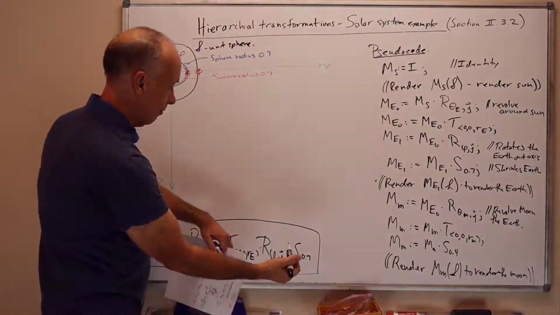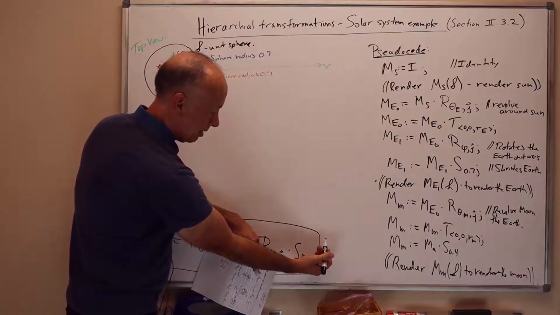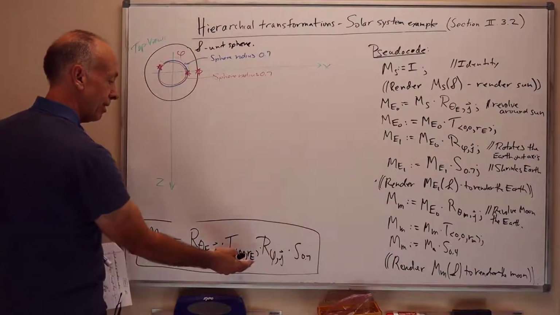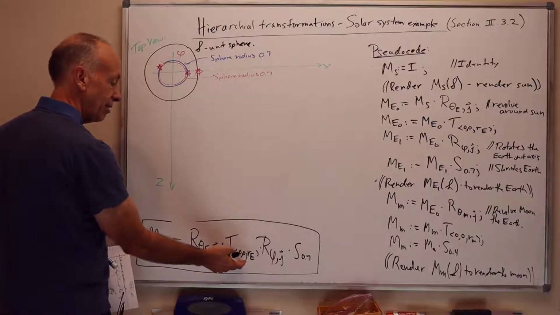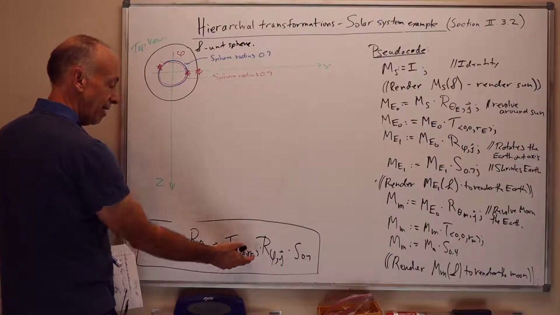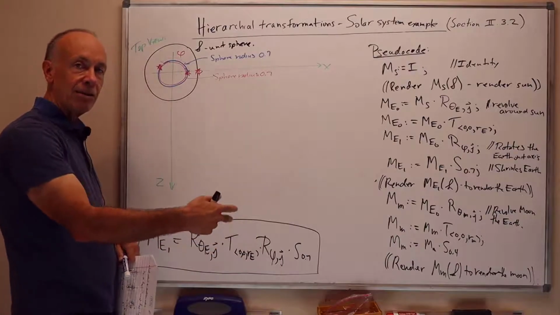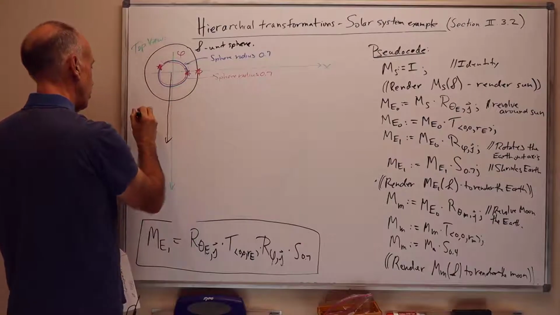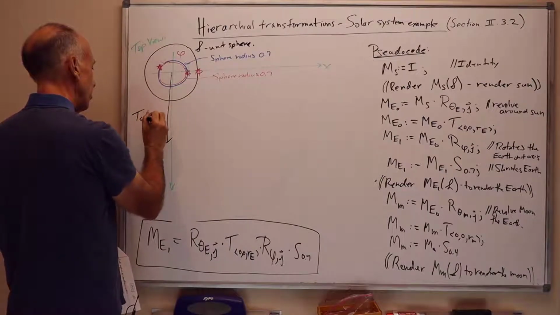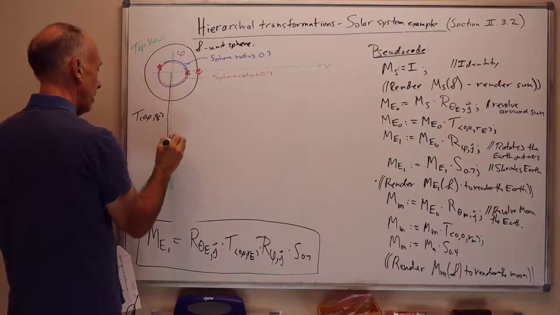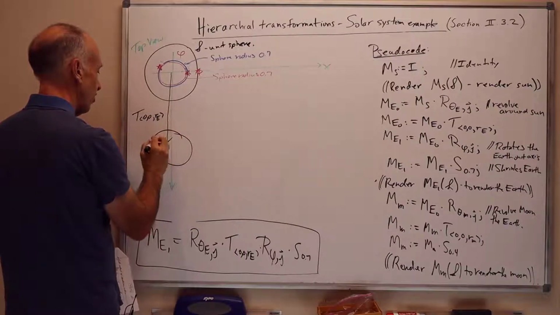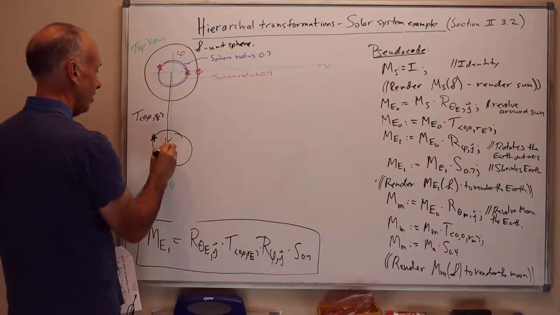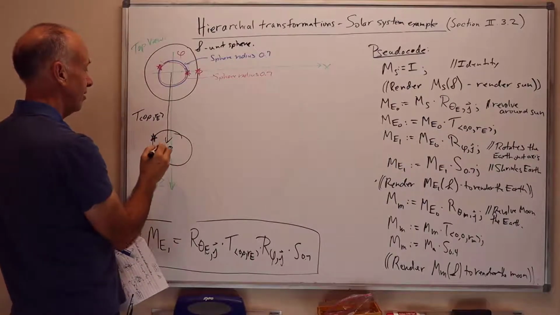So now that's the effect of r sub phi j times s sub 0.7 of the sphere. Now we think of applying the translation. The translation is sending us distance r sub e down the z-axis because we're adding on 0, 0, re. So what that does is it takes us down. So we do a translation 0, 0, re. And now we end up with the sphere sitting right here. Here's still San Diego. And here's the center sitting on the z-axis down distance re.